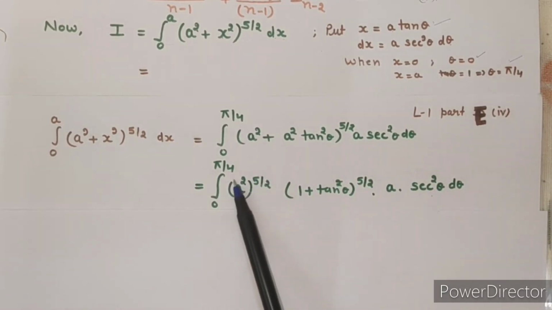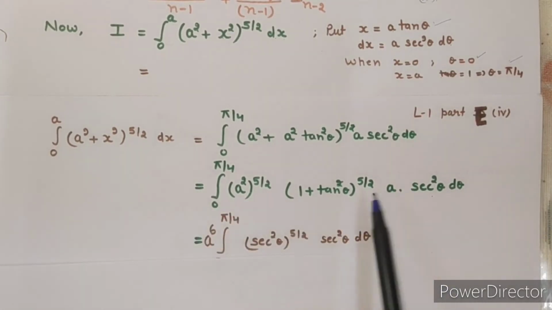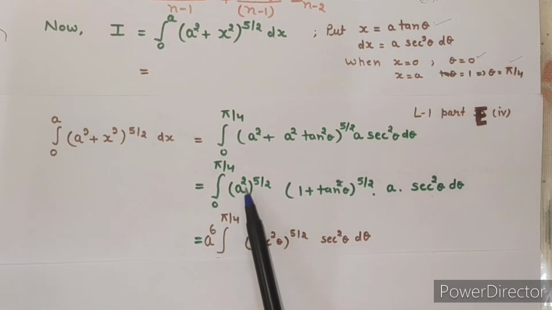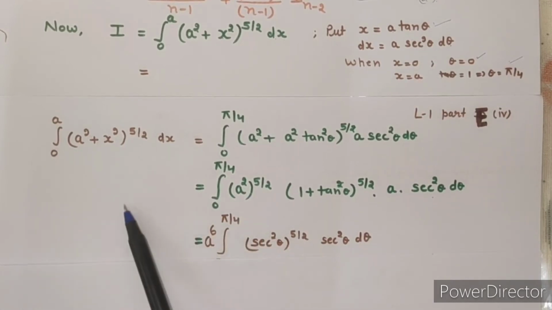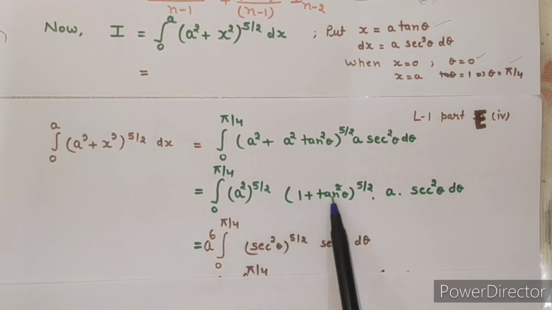Here is a to the power 5, here is a to the power 1, so it gives you a to the power 6. It does not depend upon theta, so I am taking it outside the integral. So the left hand side is equal to a to the power 6, the limit is 0 to pi by 4, 1 plus tan square theta. This is secant square theta. Good.